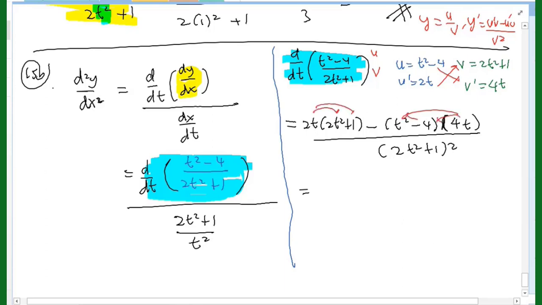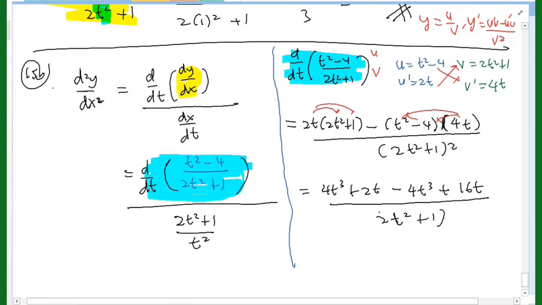Okay, answer is 4t cube plus 2t minus 4t cube, plus 16t, over (2t squared plus 1) squared.